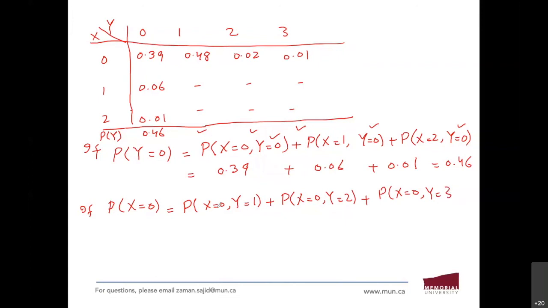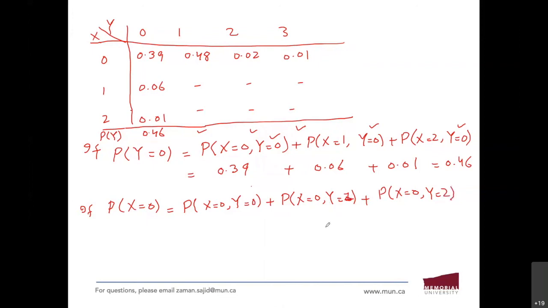Sorry, I missed a 0 here, so this is y is equal to 0, this should be 1, and this should be 2.